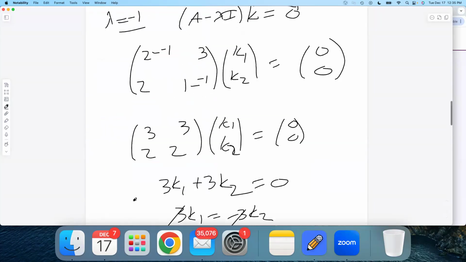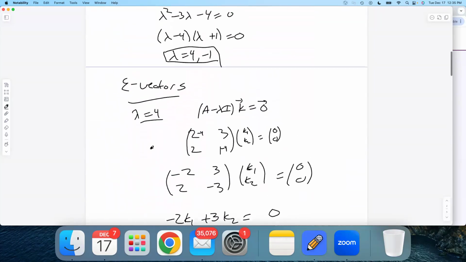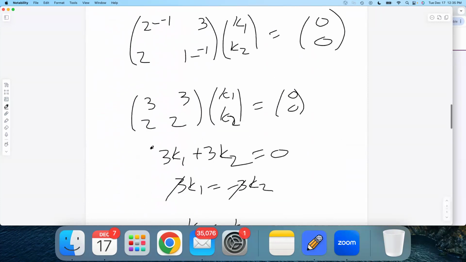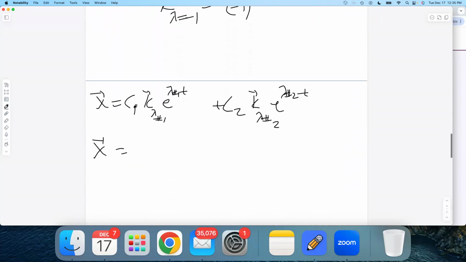And who I call first and second, by the way, if I'd done these in the opposite order, who cares? All that's going to do is change who you call C1 and C2.